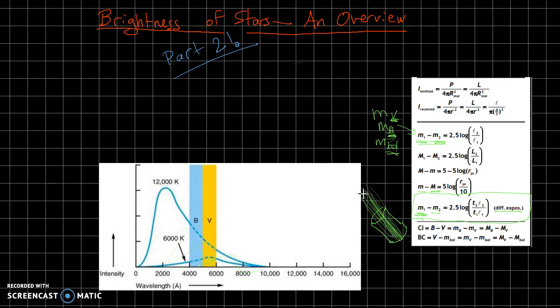So the star will look brighter if you look at it for a longer period of time, not with the human eye because you're refreshing your image every fraction of a second, but for a telescope, you're accumulating more and more photons on your photographic plate, making the star brighter and brighter, right?